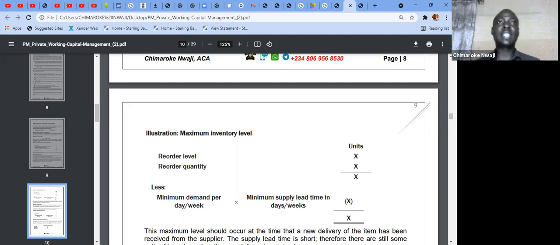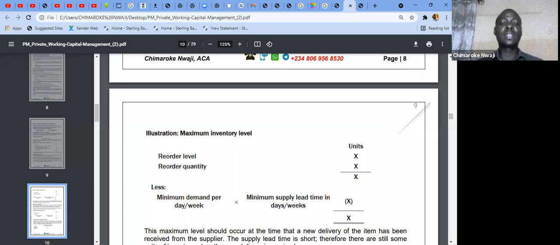So you see here that it's almost like safety stock, where we use reorder level, but we said minus your average. But now this time you want to get the maximum that you can have as your inventory level. Your reorder level plus the order quantity that you place.